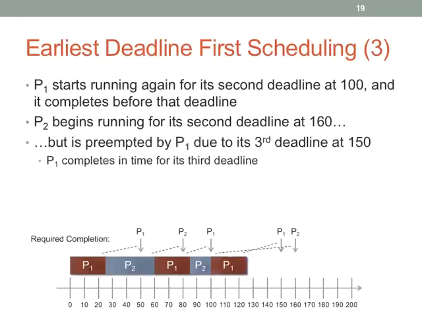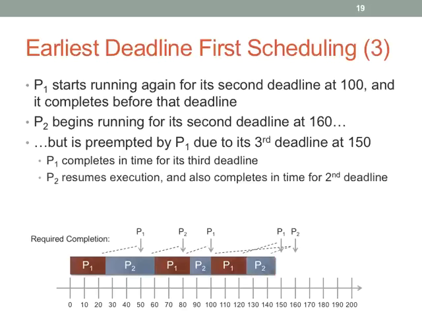P1 runs to completion for its third deadline, and then P2 gets the processor back and runs until it completes, before P1's window opens again. All right? And so forth.